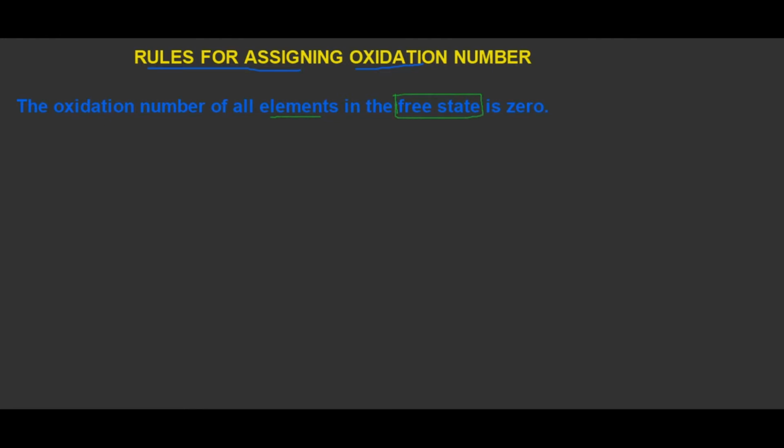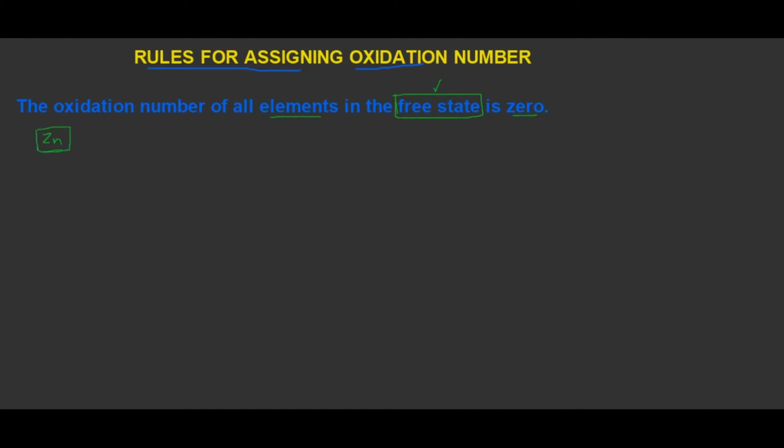The oxidation state of any uncombined or free element is always equal to 0. For example, if we take zinc, zinc is a free element. What do you mean by free element? Those atoms or elements that are not chemically bonded to any other atom are known as free elements.